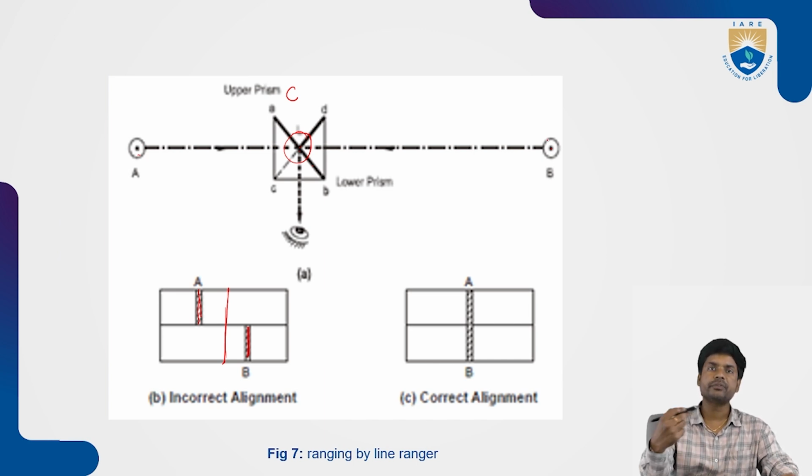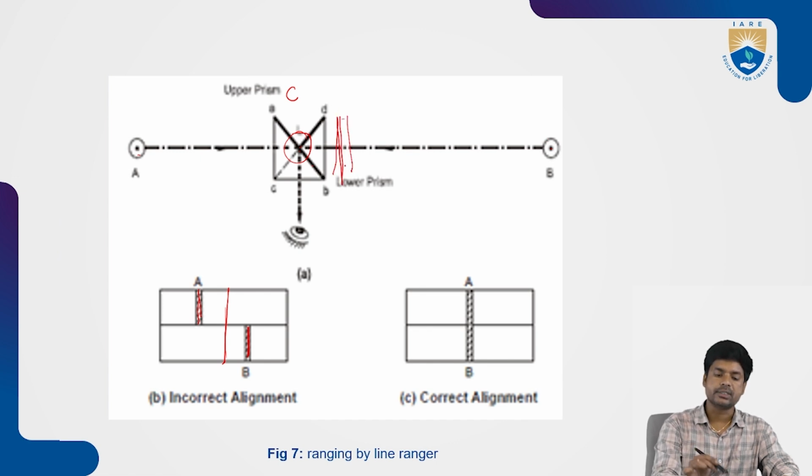Okay, so for that, we are going to move the line ranger like this, in both directions depending upon the alignment, such that the ranging rod at point A and the ranging rod at point B are vertically aligned at one particular position.